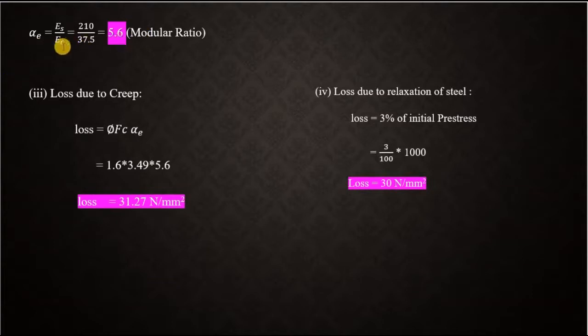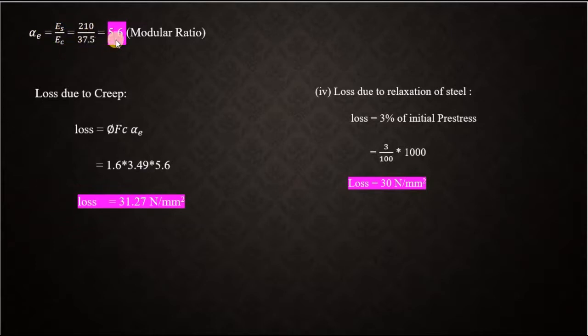The next part is that alpha E, the modular ratio, is unknown. To calculate this modular ratio, we know the formula; you can denote it by small m or by alpha E. So alpha E is Es by Ec.